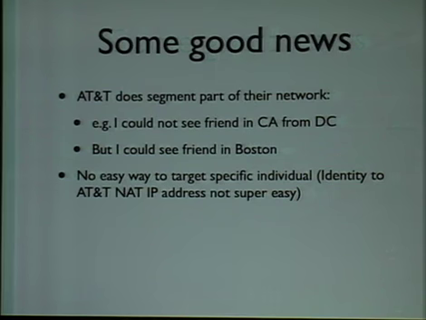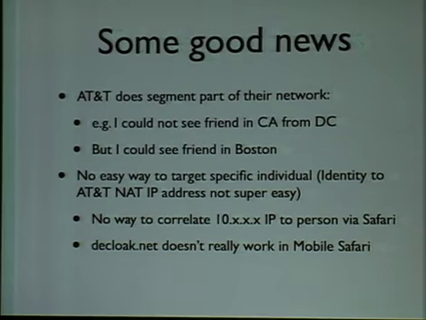I'm going to talk about this a little more in a second, but there's no real easy way to target a specific individual. It's hard for me to say, hey Joe, I want to attack your AT&T NAT IP. There's no way to correlate the IP address to a person via Safari. If you take your Safari mobile web browser to decloak.net, which tells you all types of interesting things about your network, it just doesn't work.